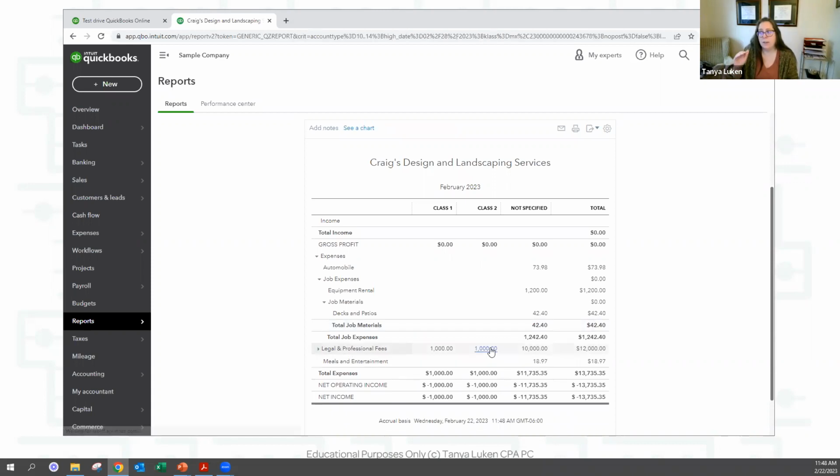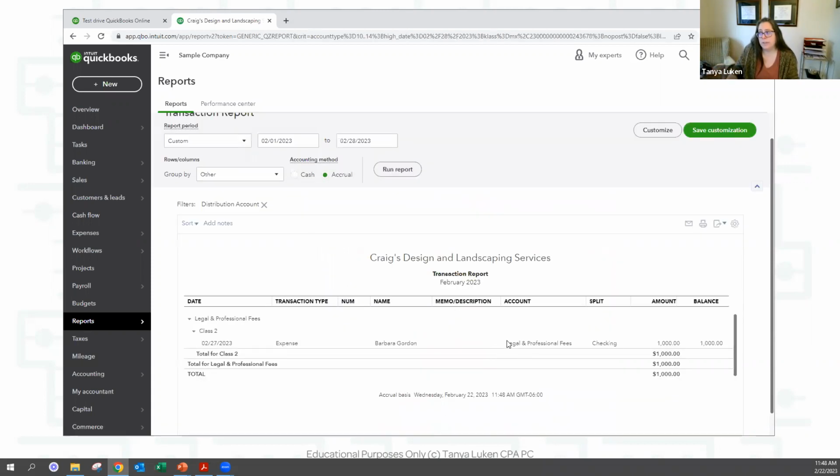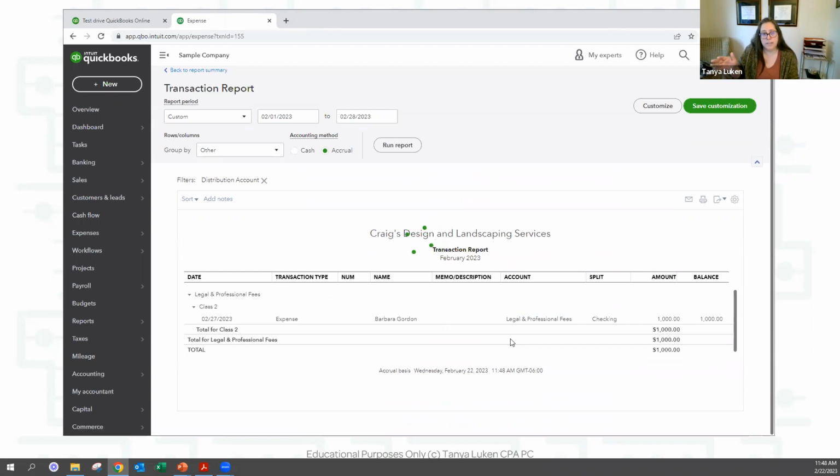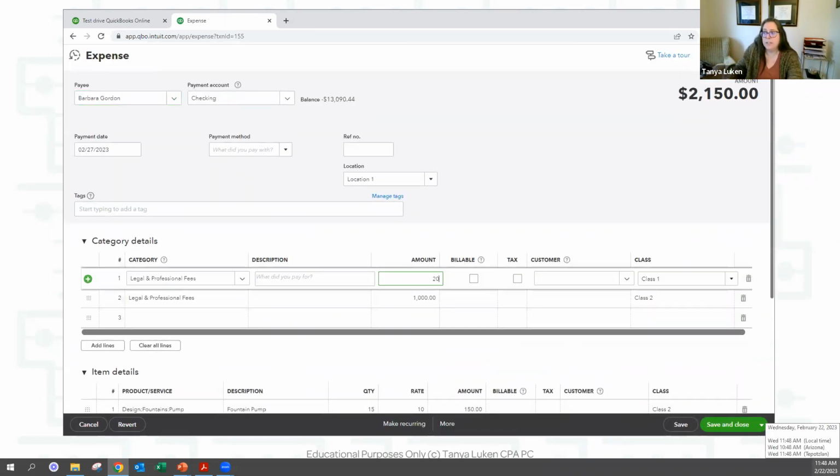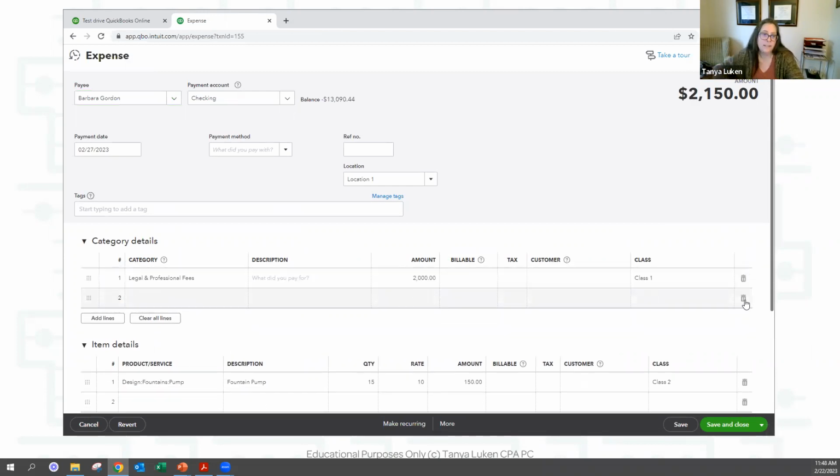Let's say this $2,000 bill for Barbara Gordon was all for one class. I can absolutely make it $2,000 for one class. That's totally fine. But if you use the location, it limits what you could do in the future.